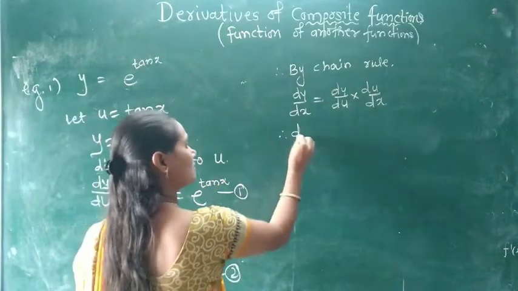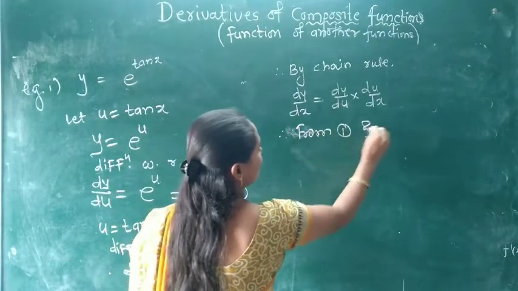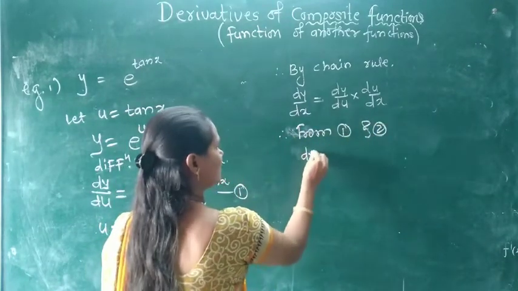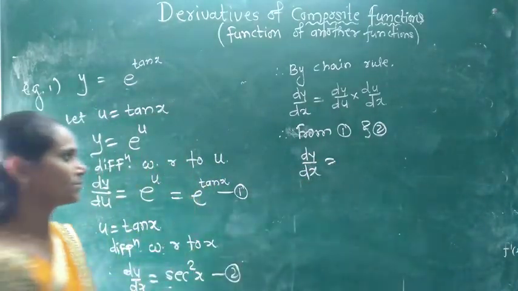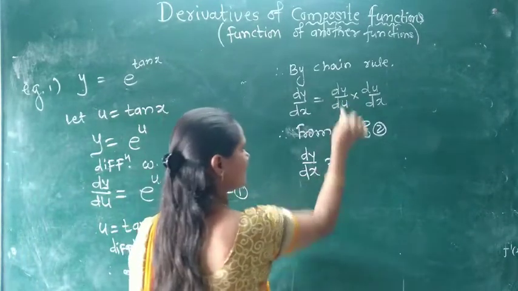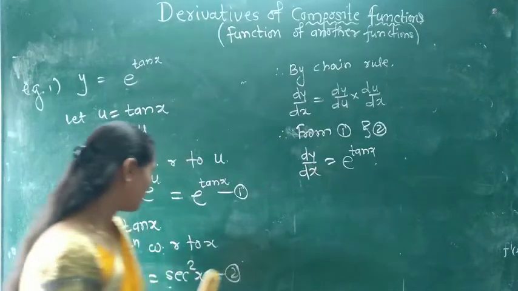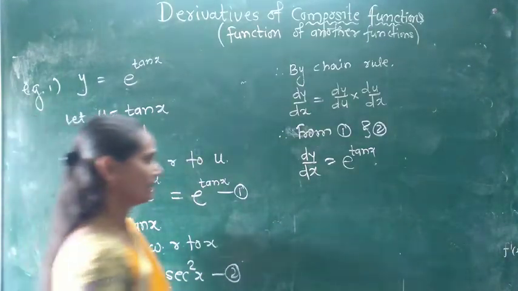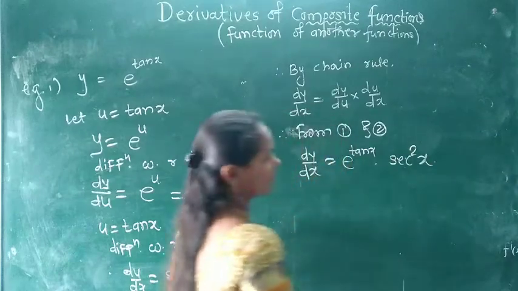Therefore, from 1 and 2, dy upon dx is equal to e raised to tan x, that is dy upon du, into du upon dx, which is sec square x.